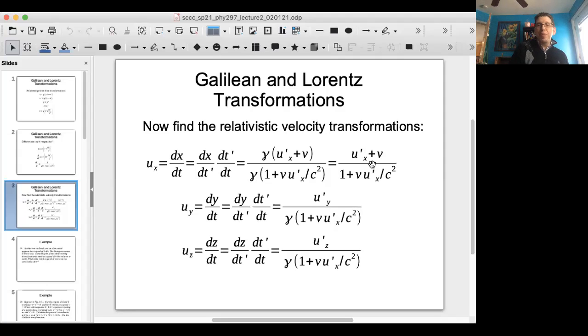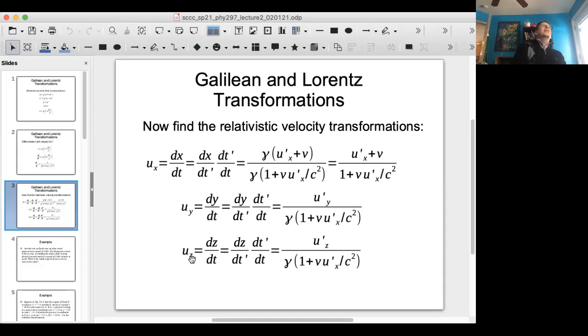So u primed x, u primed y, and u primed z are the velocity measurements that the observer O prime measures, and then you're measuring what O measures. This is the velocity of a third object.